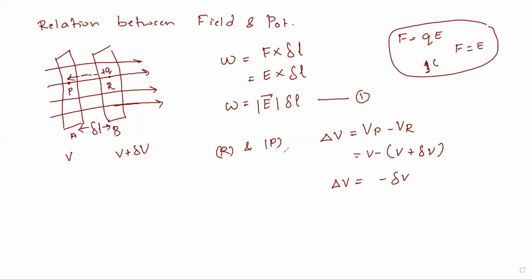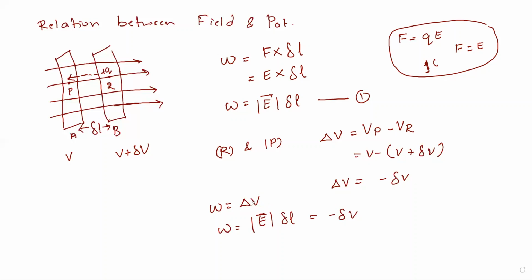Now, work done will be delta V. Therefore, from equation 1, what do we have? Vector E delta L, or else I can write it as minus delta V. Why?